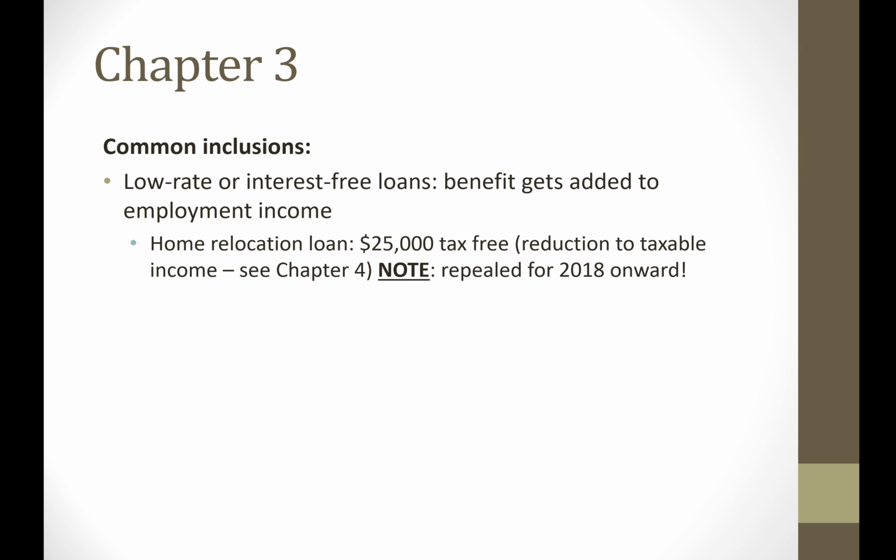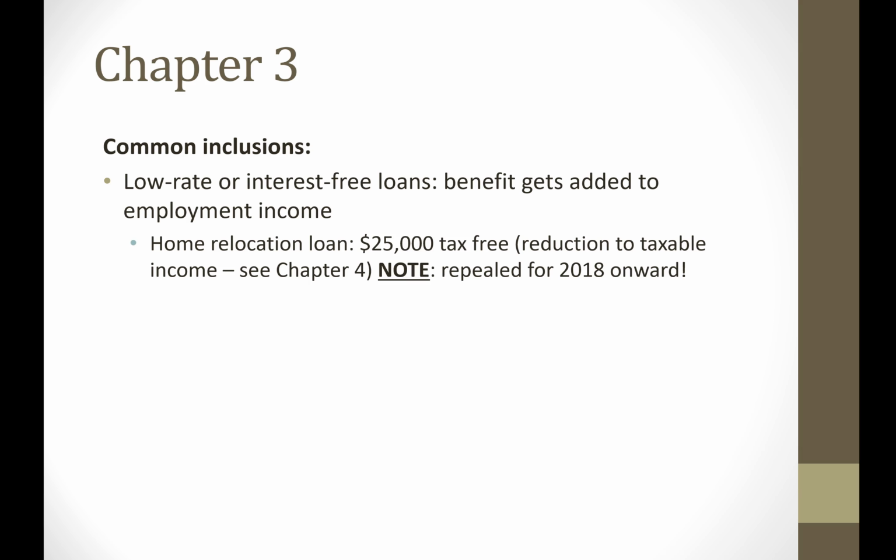We also talked about the fact that if this loan was made as what we refer to as a home relocation loan, then there could be a deduction that is made when calculating taxable income. Now, the total benefit of this low rate or interest-free loan is added to employment income. Employment income is part of 3A when we calculate net income for tax purposes.